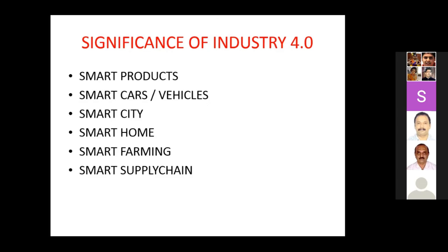So smart and connected products, smart and connected cars, smart cities, smart homes, smart farming, smart supply chain. You can see how IoT, augmented reality, VR and big data analytics are going to play a pivotal role in the development of all these smart systems.